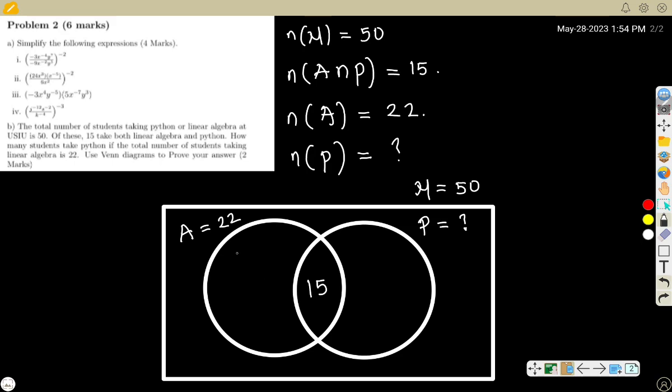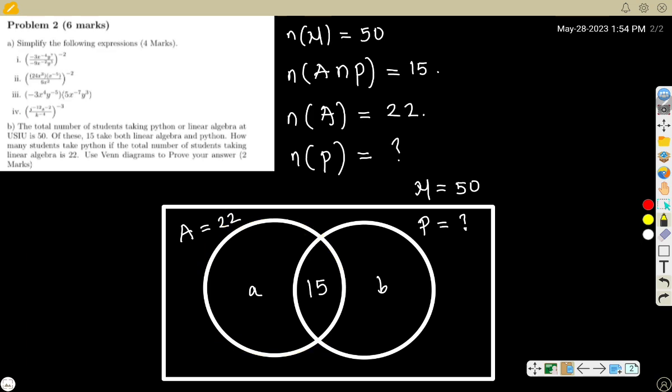So this place is now 22 minus 15. But if I show it in workings, let's call this place A, this place B. So everything inside this circle is 22, as you can see here.